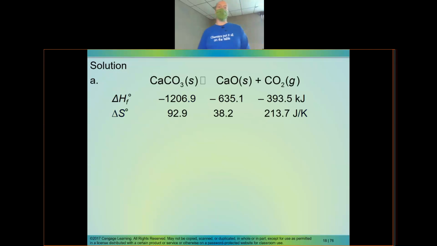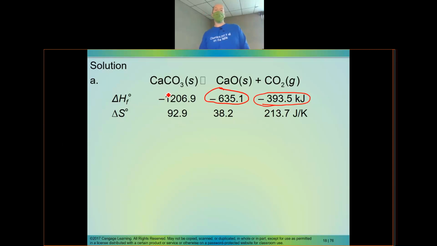So here's the values for our delta H. There's the values for our delta S. And so we will simply take our products. We're going to add our negative 635.1 kilojoules per mole. There's 1 mole of that. We're going to take our negative 393.5 kilojoules per mole. There's 1 mole of that. Add those up. That's our products.